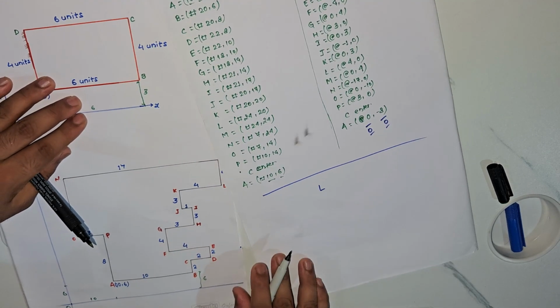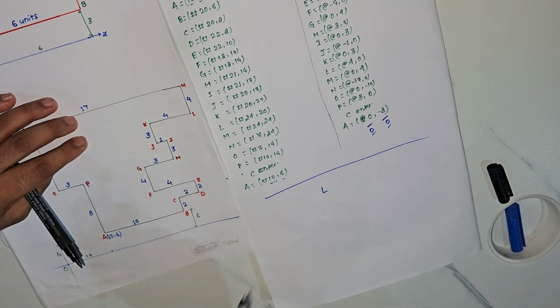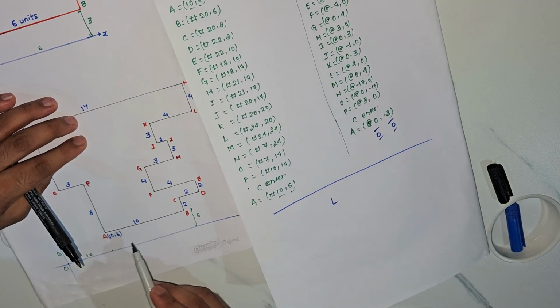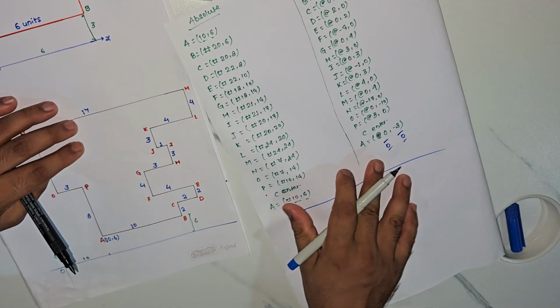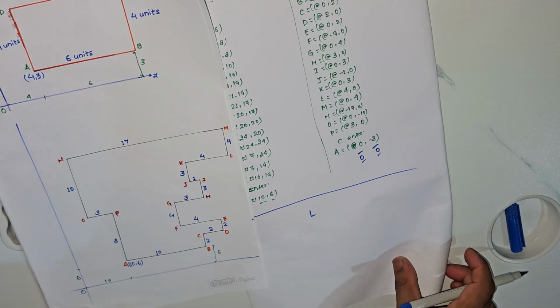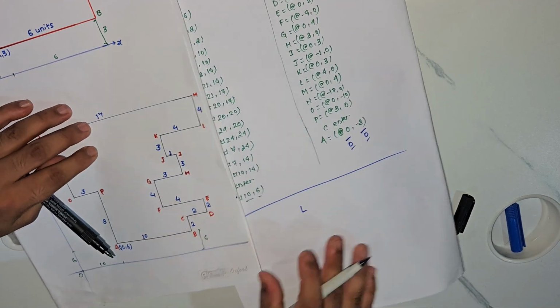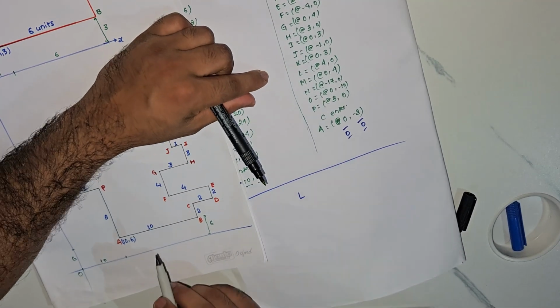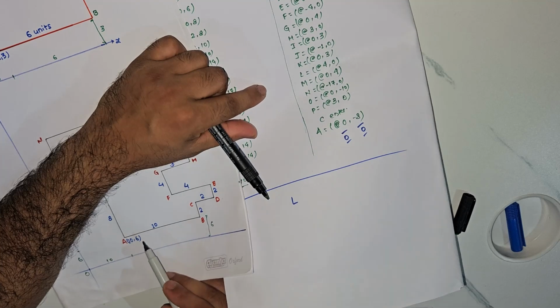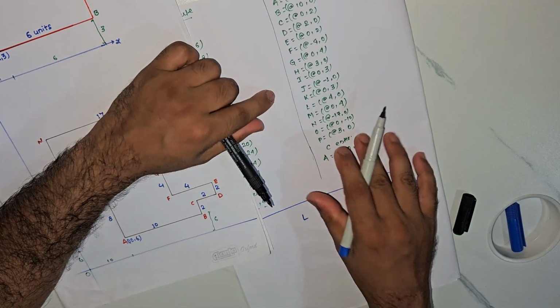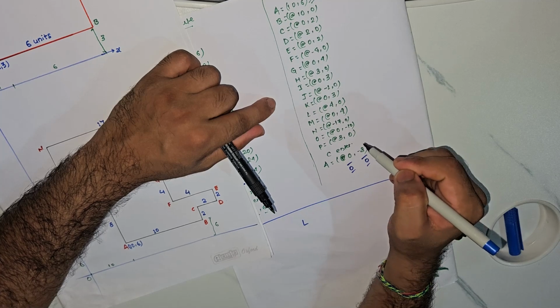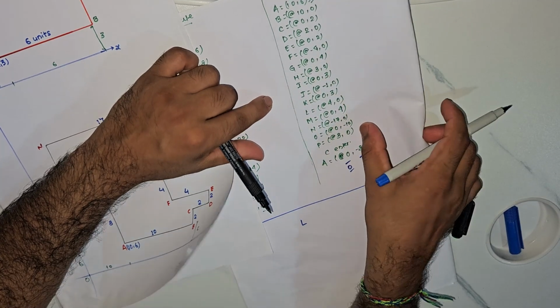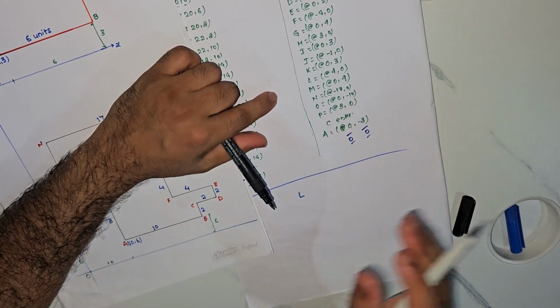We use this coordinate system only when we know the exact location of all the points. Otherwise we will use only the angle system or the length system. But here, as we know the exact location of all the points, we will be using the coordinate system, otherwise we will use the direct distance system only.